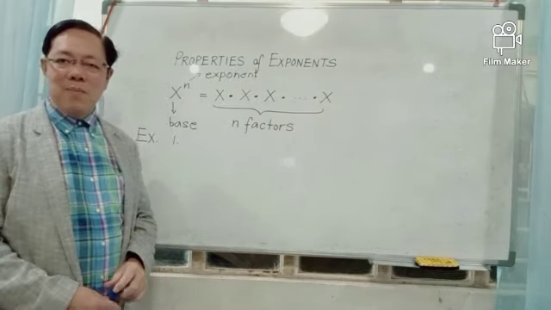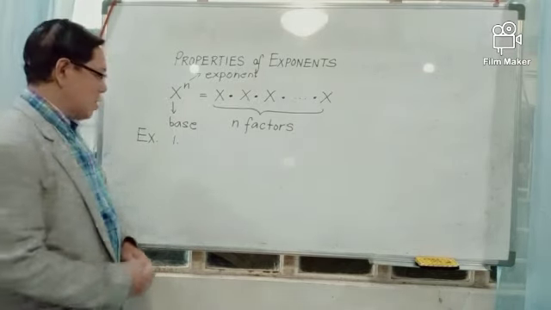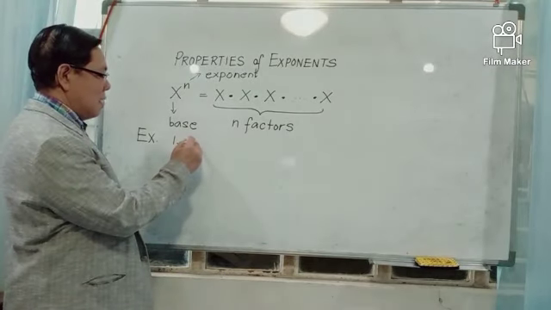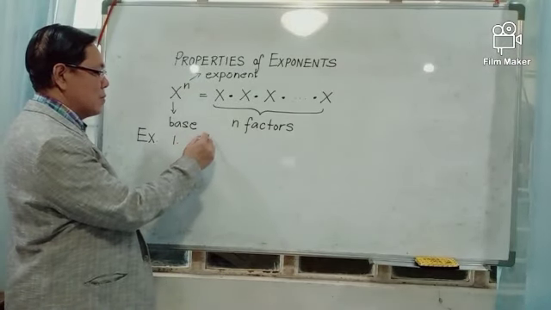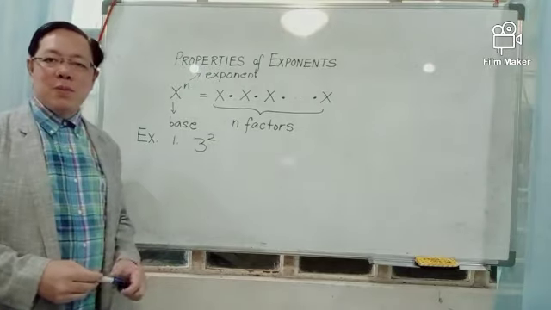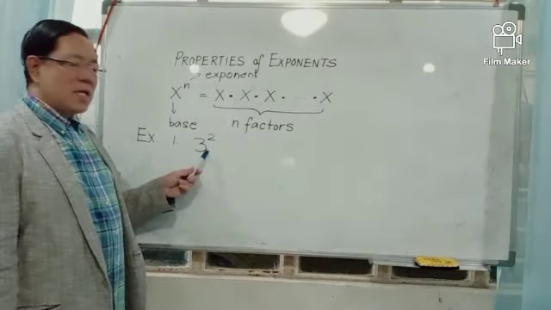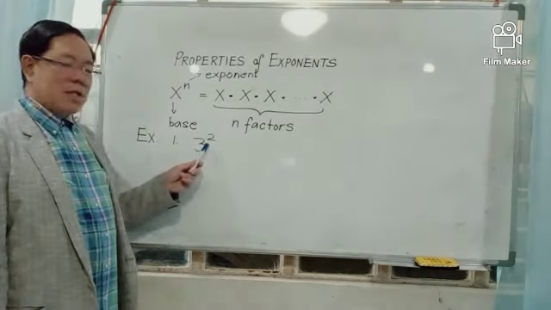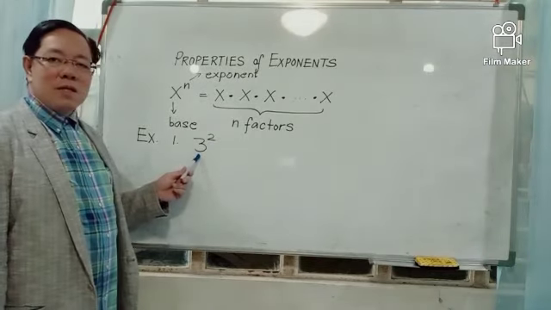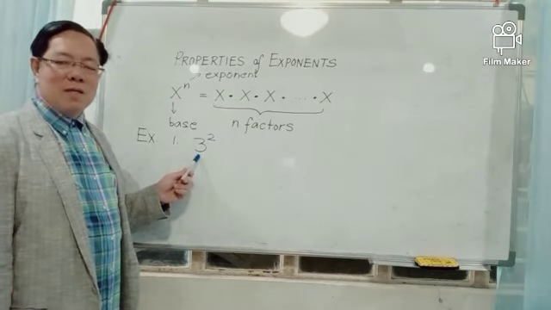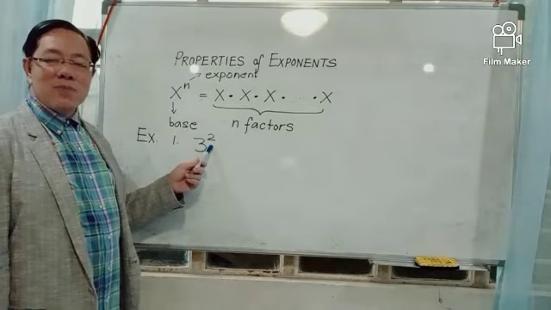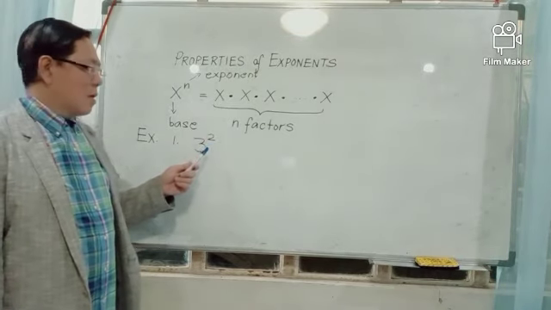We take an example of an exponential notation. Example, we have 3 to the power 2, or 3 raised to 2, or 3 squared. In this example, the base is 3, and the exponent is 2.